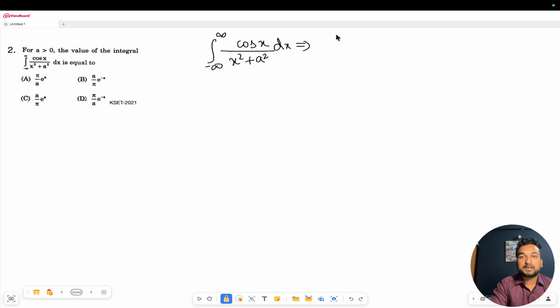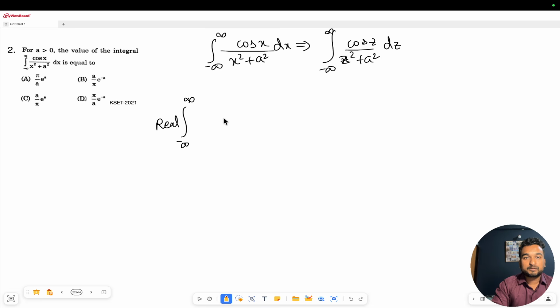You have to first convert it into z: minus infinity to infinity cos z upon z square plus a square dz. Now write it as the real part of this integral, e to the power iz upon z square plus a square dz, not a, because a is 1 here.